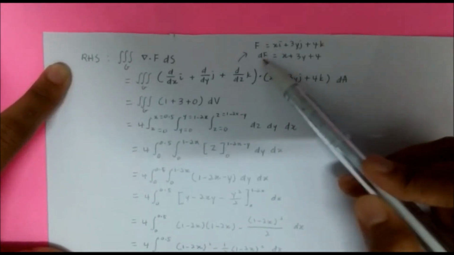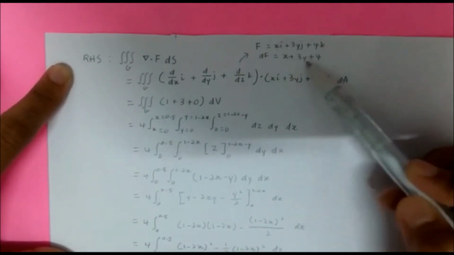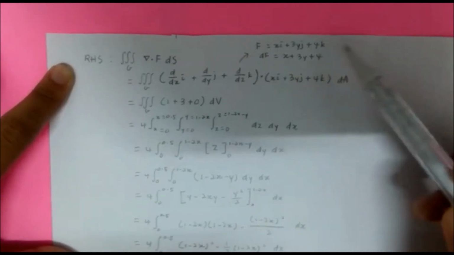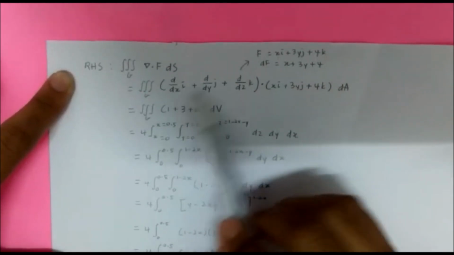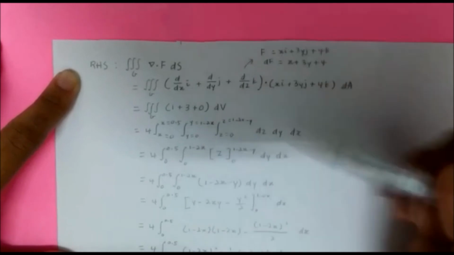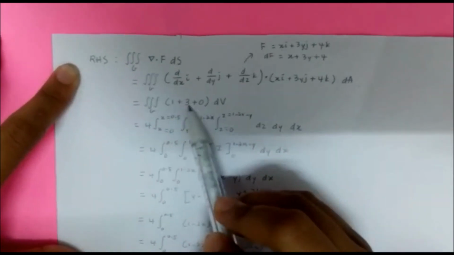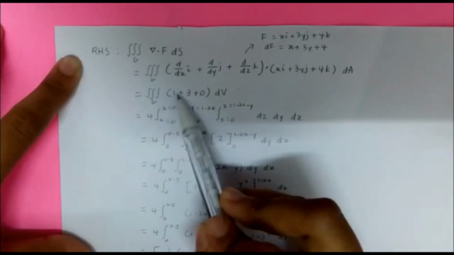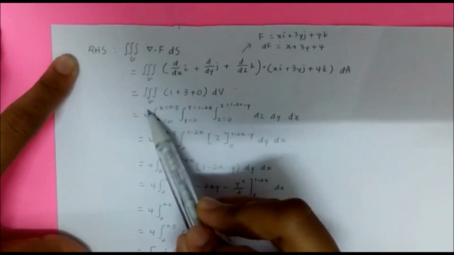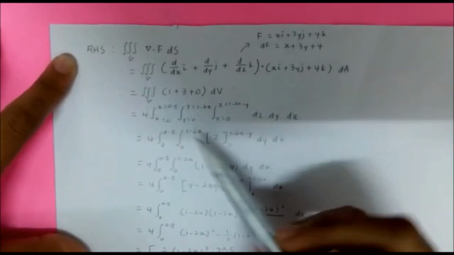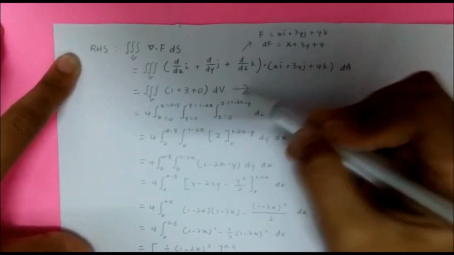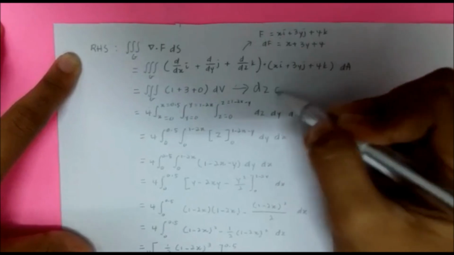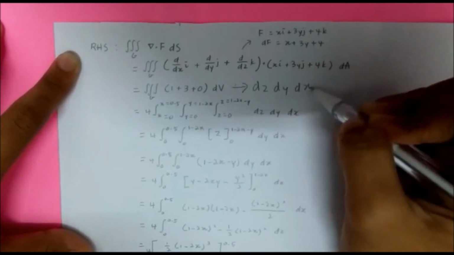We got divergence F equals 1 plus 3 plus 0. So we bring 4 to the outside, and dV is equal to dz dy dx.